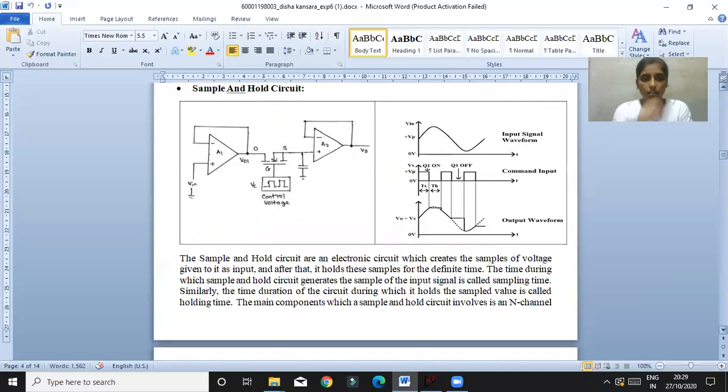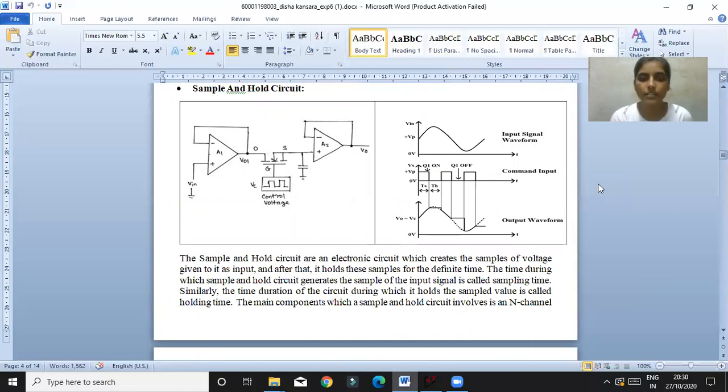And the last one is the sample and hold circuit, which creates samples of the voltage given to the input. After that, it holds these samples.